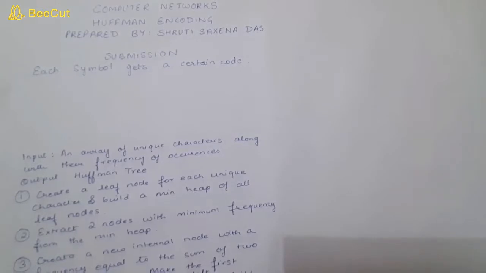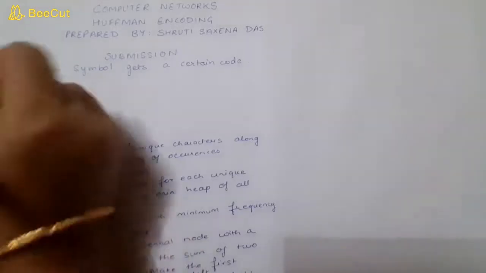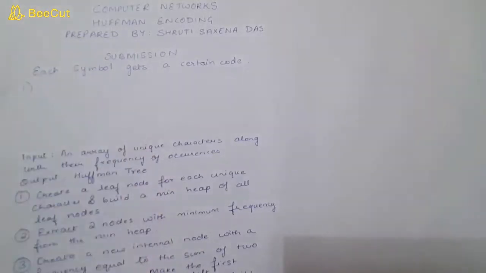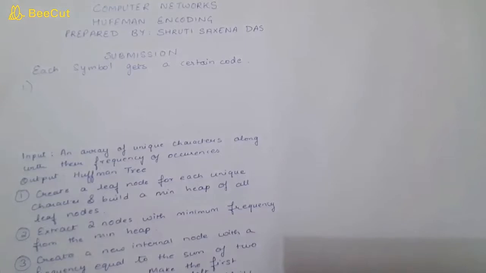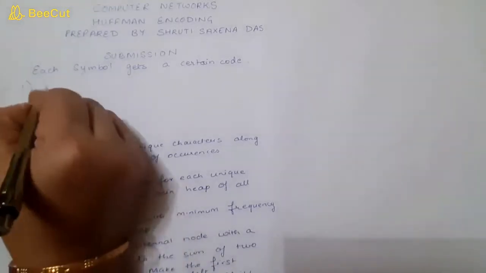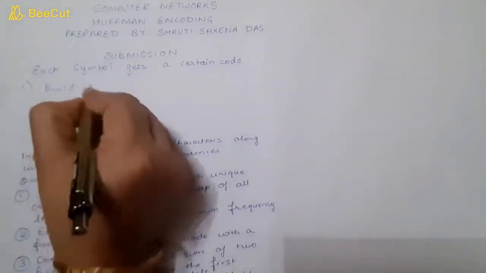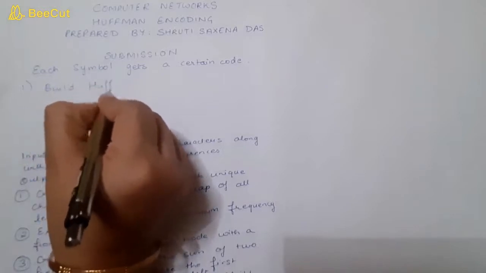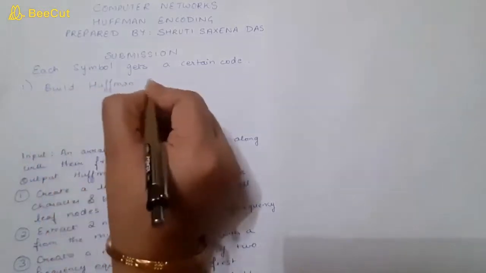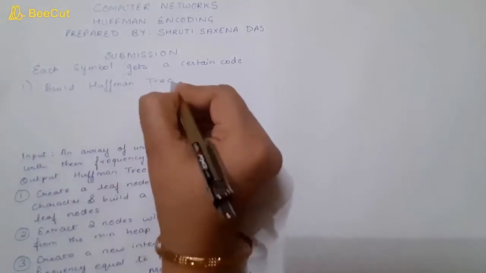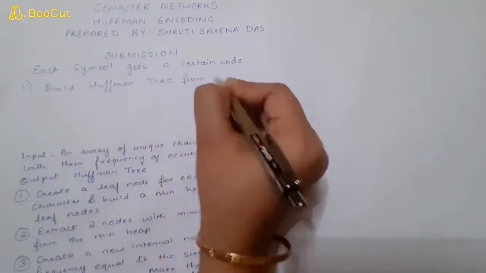Okay. Now in Huffman encoding, there are two phases. In the first phase, we have to build a Huffman tree from the input characters.